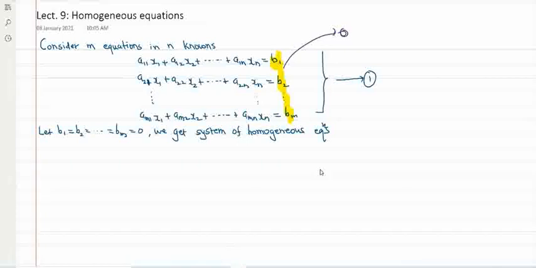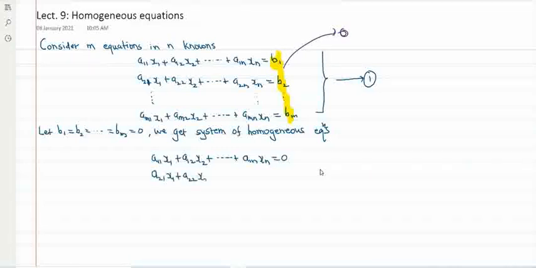The equations are: first equation is a11 x1 plus a12 x2 plus dot dot dot a1n xn is equal to 0. Okay, second equation a21 x1 plus a22 x2 plus dot dot dot a2n xn is equal to 0.